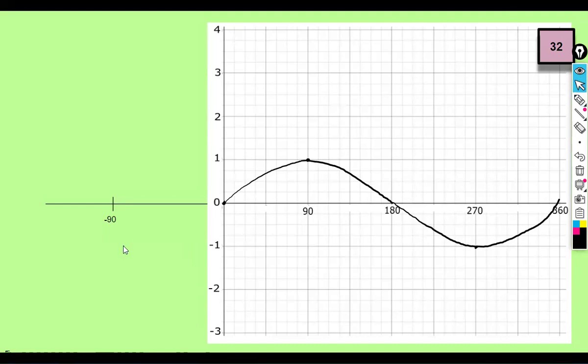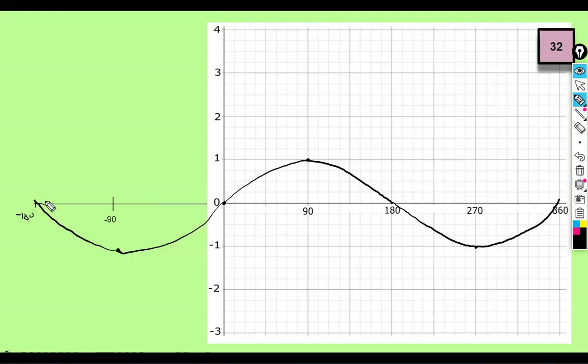Now, in reality, if you were to look behind the y-axis, it would actually look like this. It's a continuous wave that goes on for infinity. So at -90 degrees, and yes, it's possible to have -90 degrees, it goes down to -1. So in fact, if you had -180 degrees here, it will go back up like this.